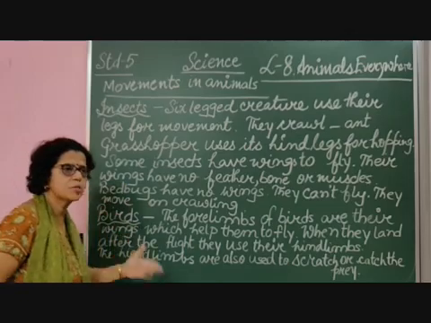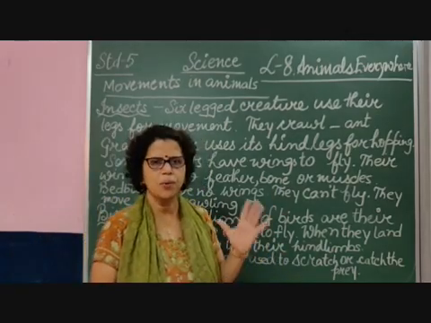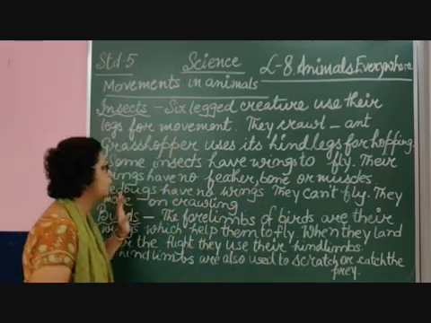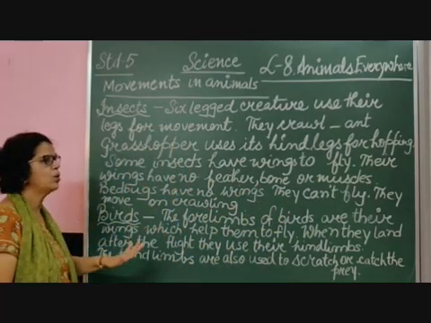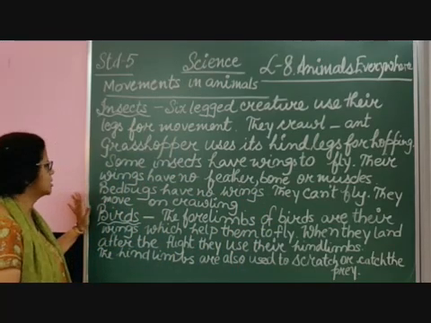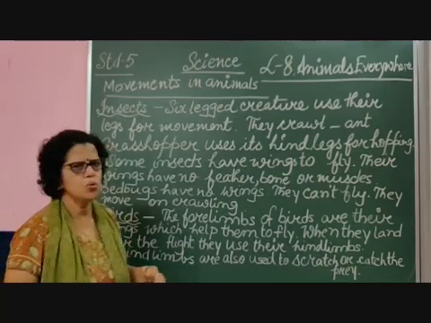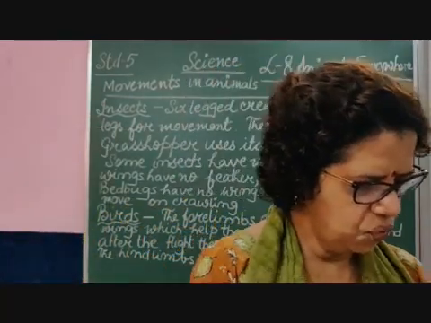Now, what is the difference between the wings of insects and wings of birds? Remember children, the wings of insects have no feather, no bone and no muscles. So they have nothing, feather, bone or muscles. So they use their wings to fly.